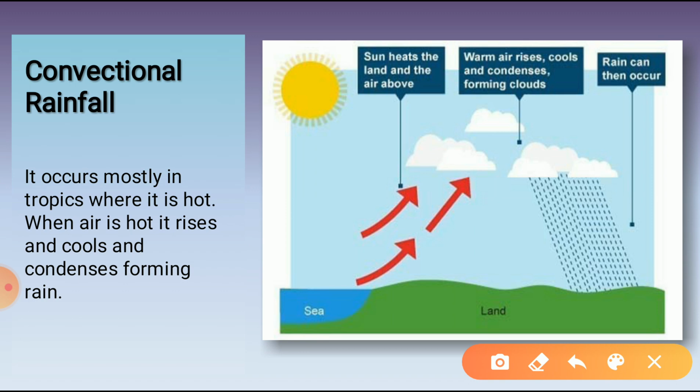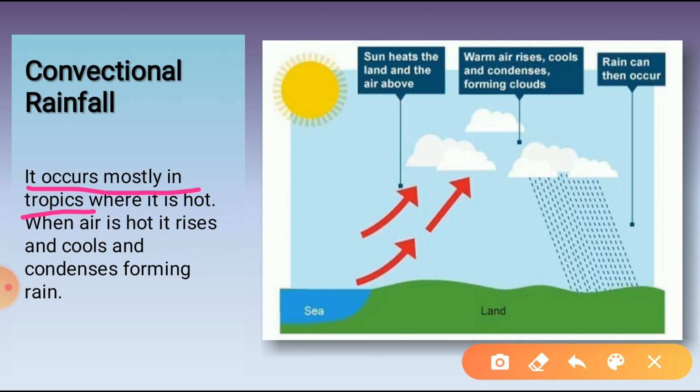This warm, moist air then rises, and as it rises, it cools, and this process of condensation high in the atmosphere leads to the development of clouds. It mostly occurs in tropics and where it is hot. When air is hot, it rises and cools and condenses, thus forming rain. If the air is hot enough, it rises very quickly and can cause thunderstorms.